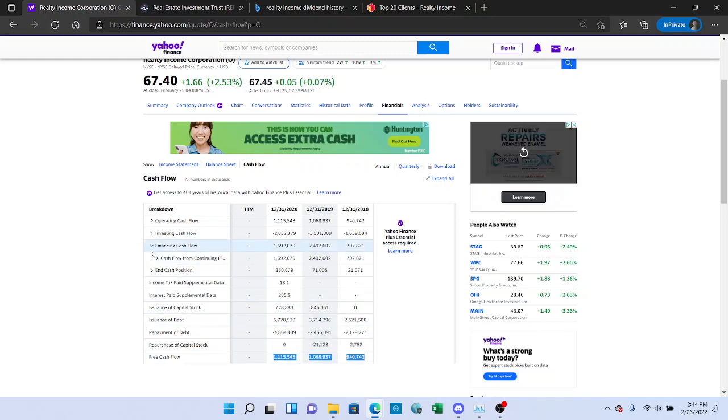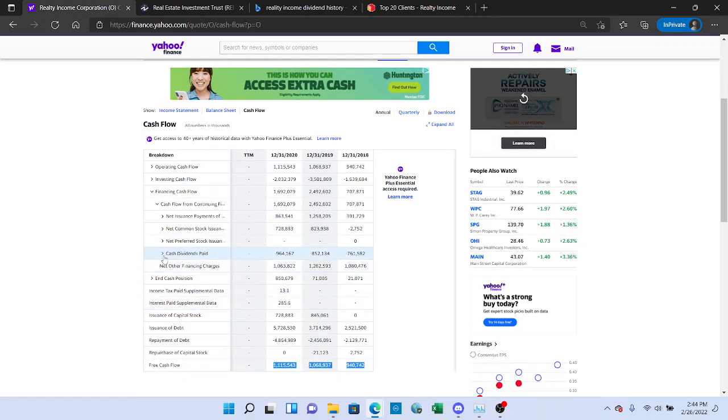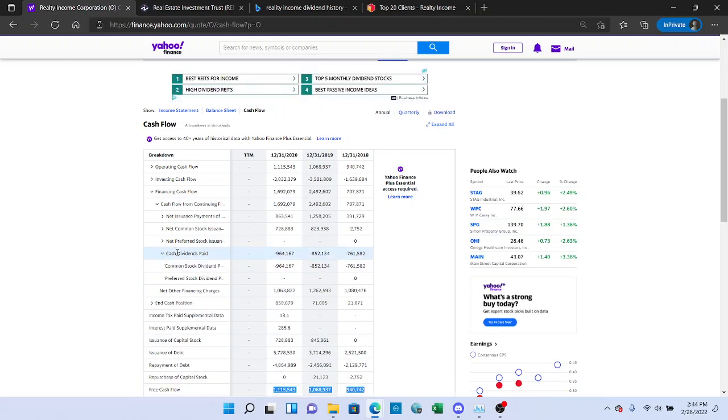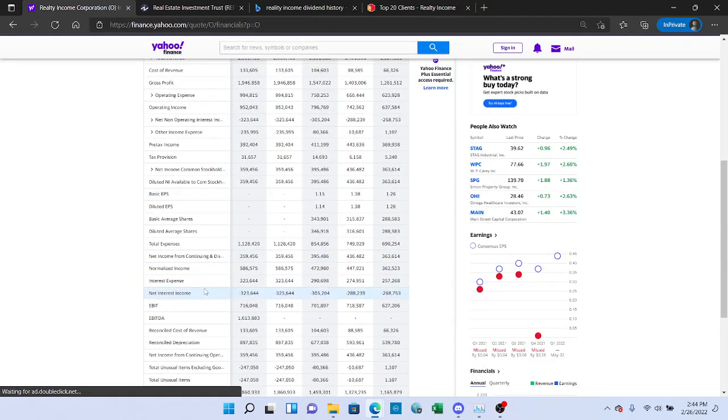I mean, we could go to the financing cash flow and we could see what they're actually paying here in dividends. Now, they're obligated to pay 90% in dividends of what their taxable income is. So clearly here, they're actually paying a lot more in dividends than what their taxable income actually states.